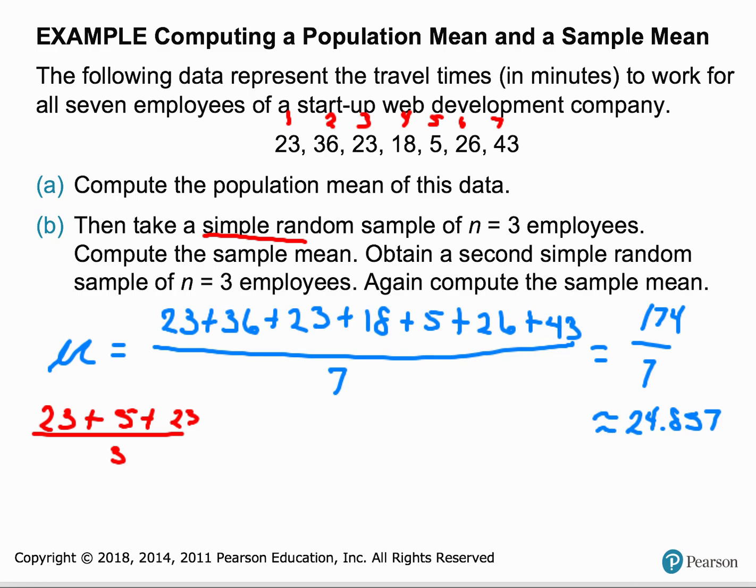While I've got my generator going, I'll do the second random sample in green. It says take the 3rd one, the 6th one, and the first one. Interesting.